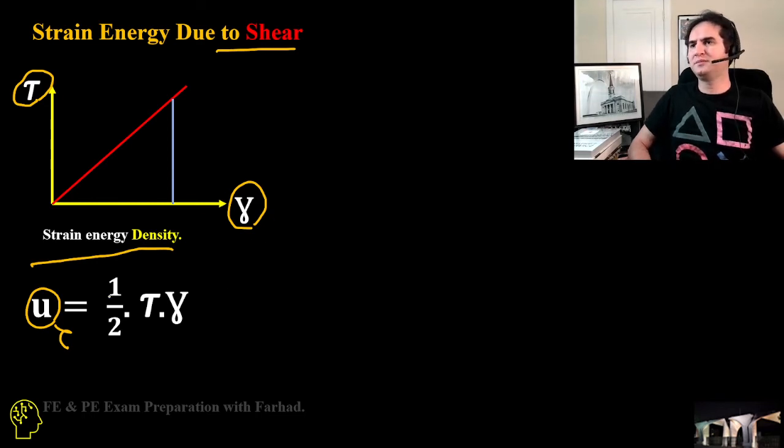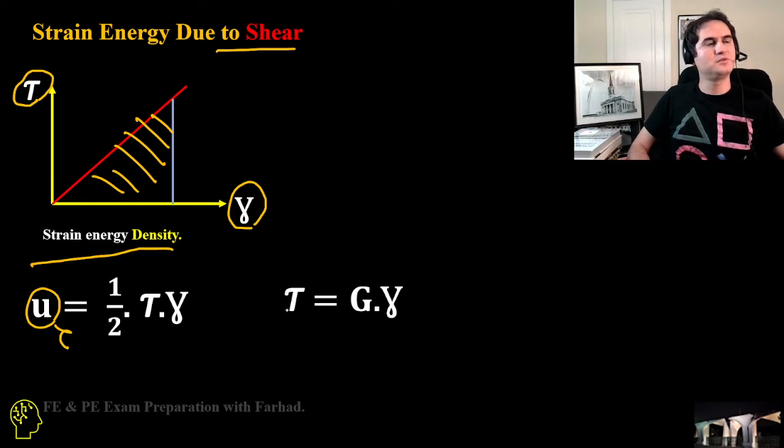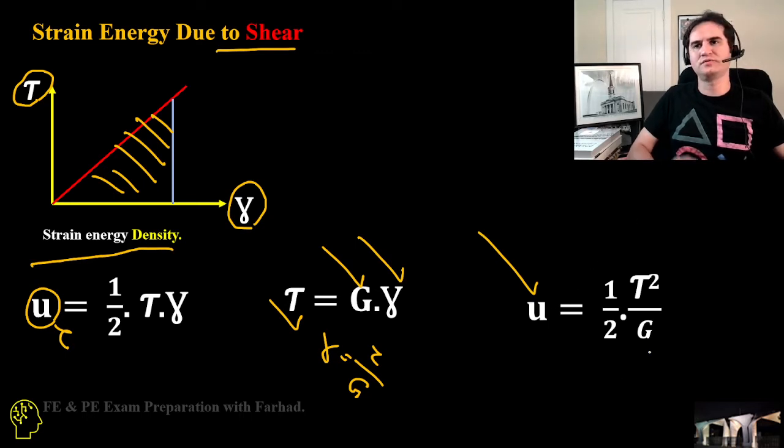If you remember, the area is the triangle, a half of tau times gamma, and again from Hooke's law in shear, tau is equal to G times gamma. If you replace gamma by tau over G, the density of energy in shear is a half of tau squared over G.